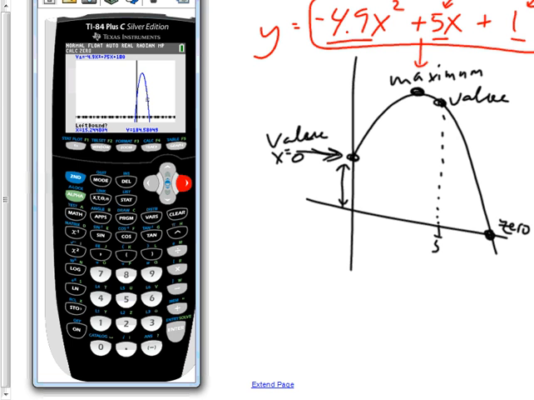The zero is about there, right about there. I'm going to the left of my zero, I hit enter. Now I go to the right of my zero, I hit enter. And then I go right on top of my zero, which is about as close as I can get, and I hit enter. And did you get 17.4 approximately? So that means 17.4 seconds later, the ball hits the ocean below the cliff. Okay?